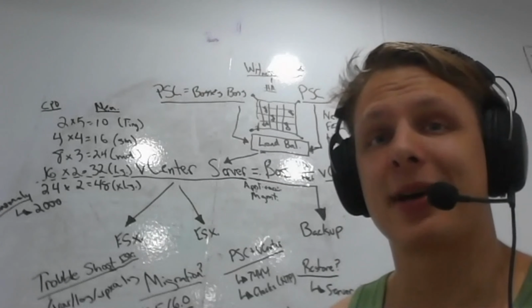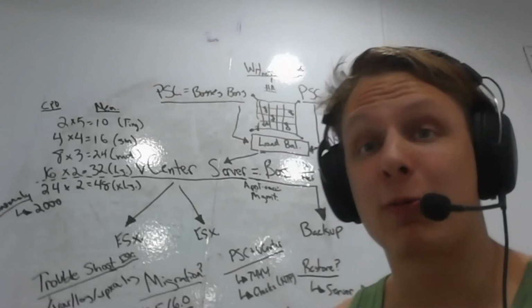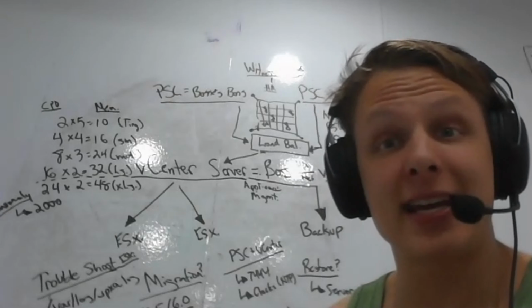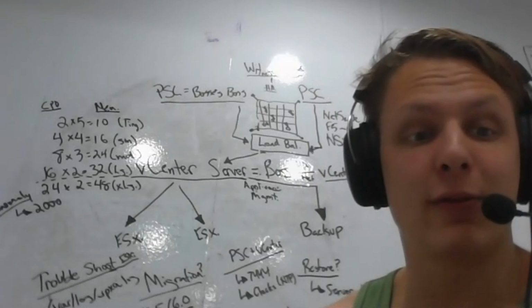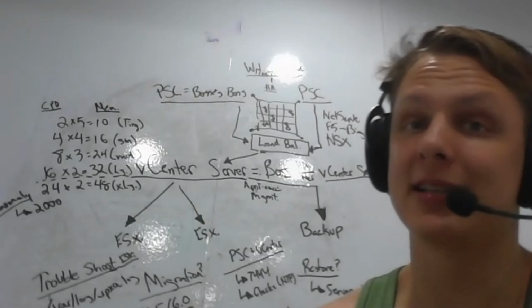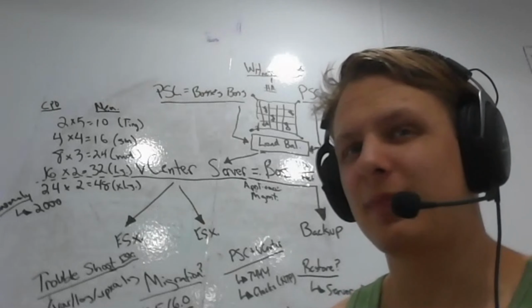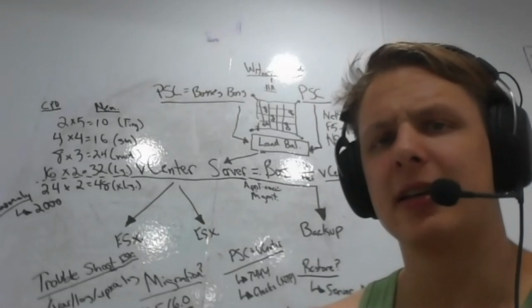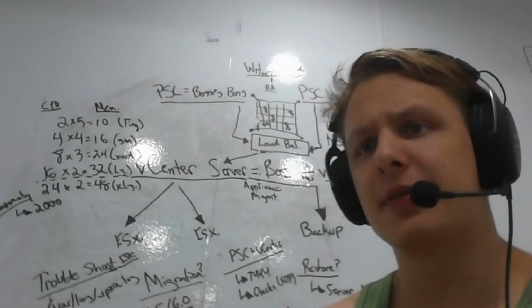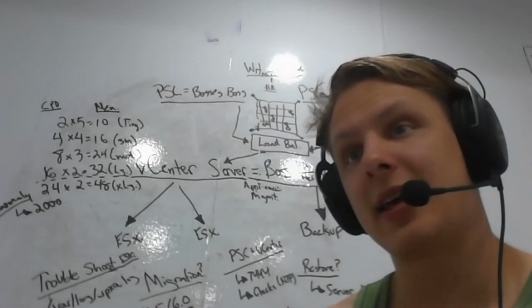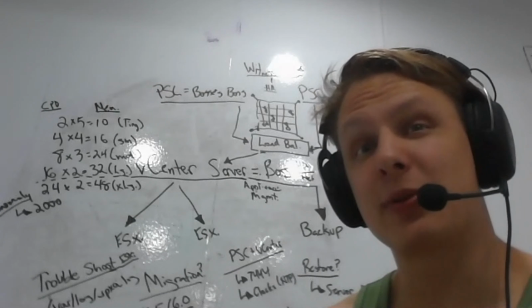Well, I like to think about things in mathematical formulas. So if you have a tiny environment, and I think that all that you really need to know is the general terms, maybe less than 100 is tiny, 2,000 plus is huge, and then kind of divided in between there.